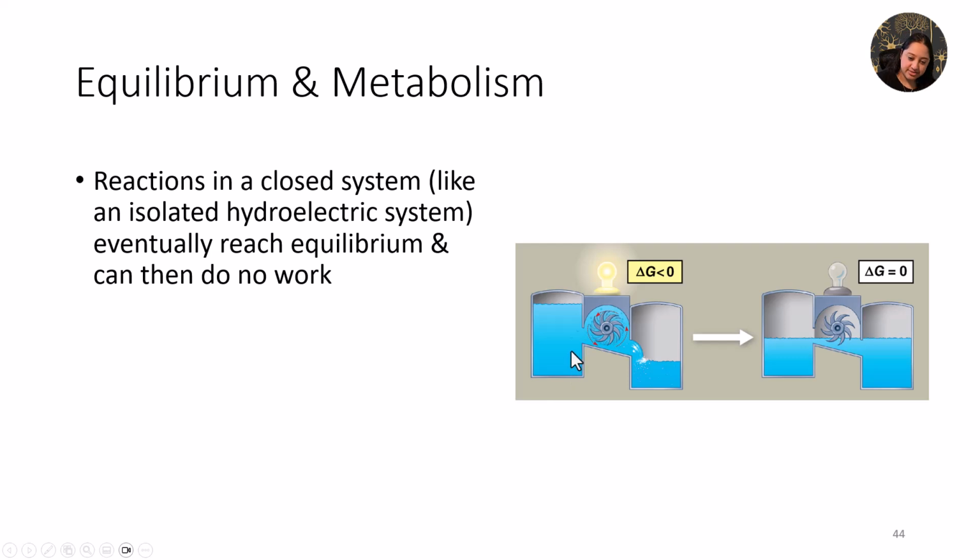So like if this system is isolated, there's just this much water that goes in here. This process is going to go forward, but then it's going to reach equilibrium like this, and then without anything else being added, it's just going to stay like this at equilibrium. So without any additional water from the outside of the system, this is going to stay still.